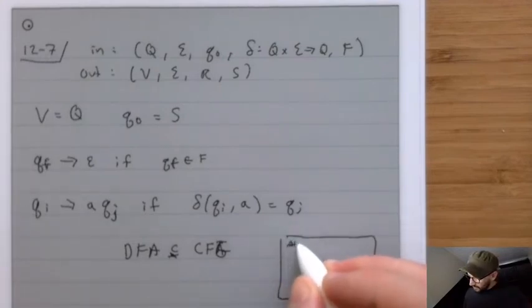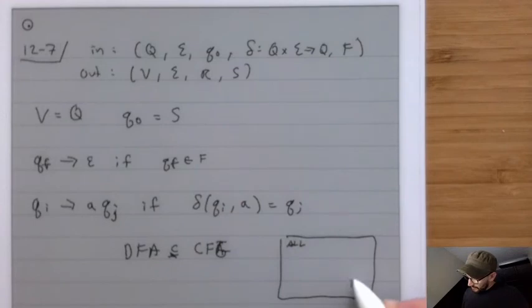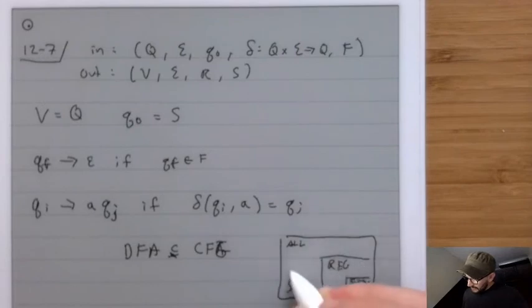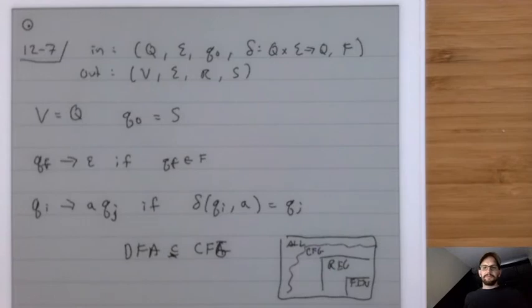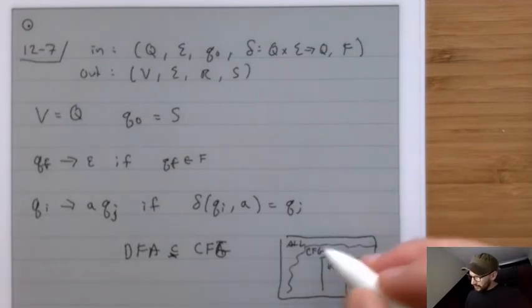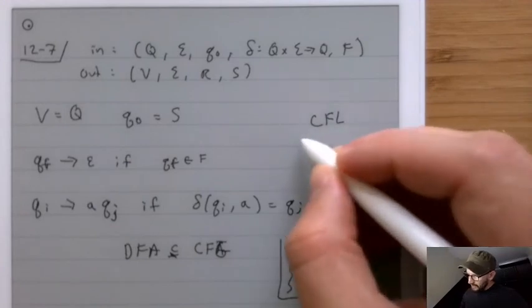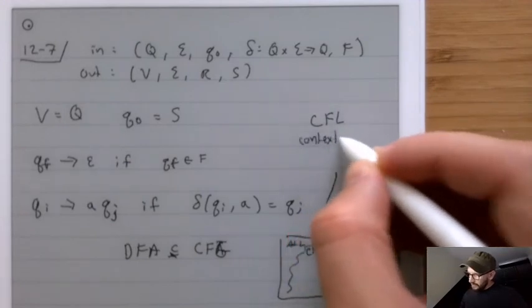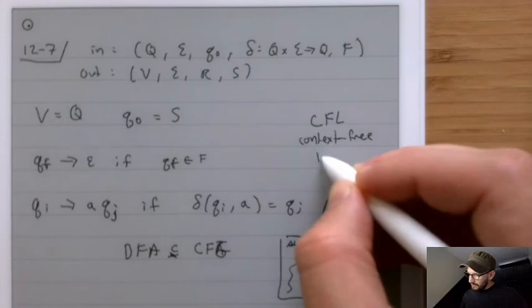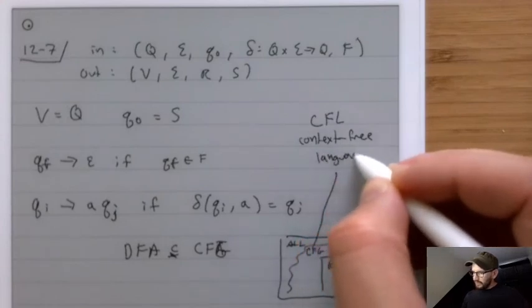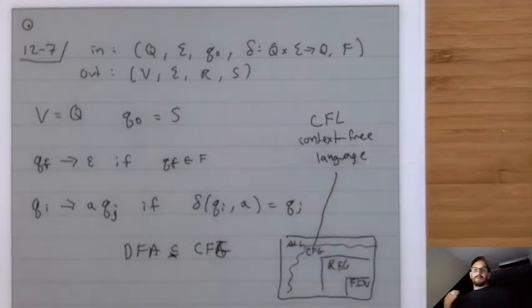We have all, we have fin, we have reg, and then we have a fuzzy boundary here because we're not sure if it's all, but we definitely have CFG above that. Now just as an aside, we actually don't call this CFG, we call it CFL for the context-free languages. Basically, we want to be a little bit more abstract. We don't want to just refer to it by the way that we write them down, the representation. We want to talk about it as a larger category.